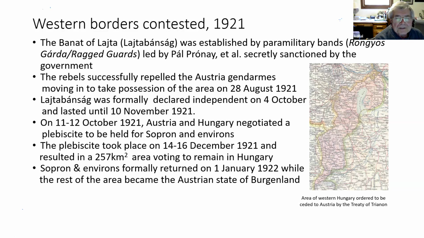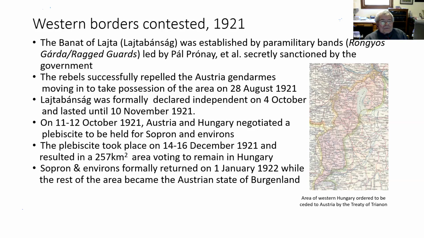The gendarmes, the Austrians, their attitude was that they were not a military organization. They were more like maintaining civil order, so they weren't going to fight a military type insurrection. So they basically withdrew.